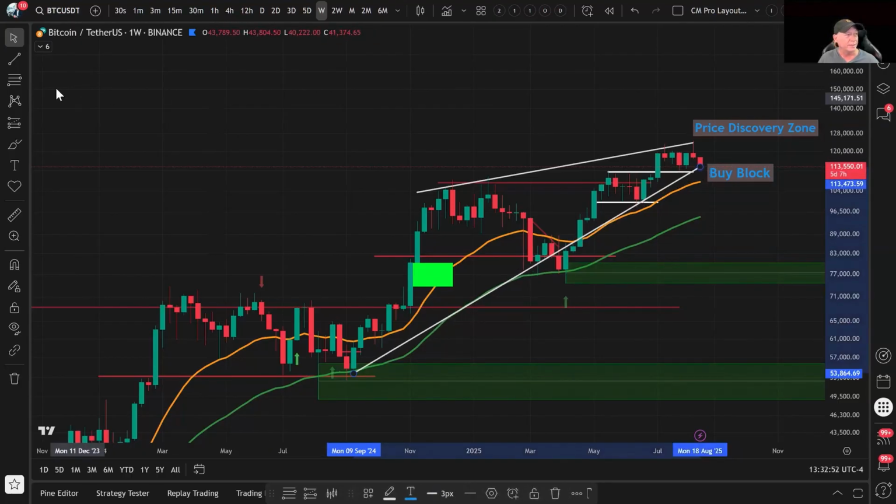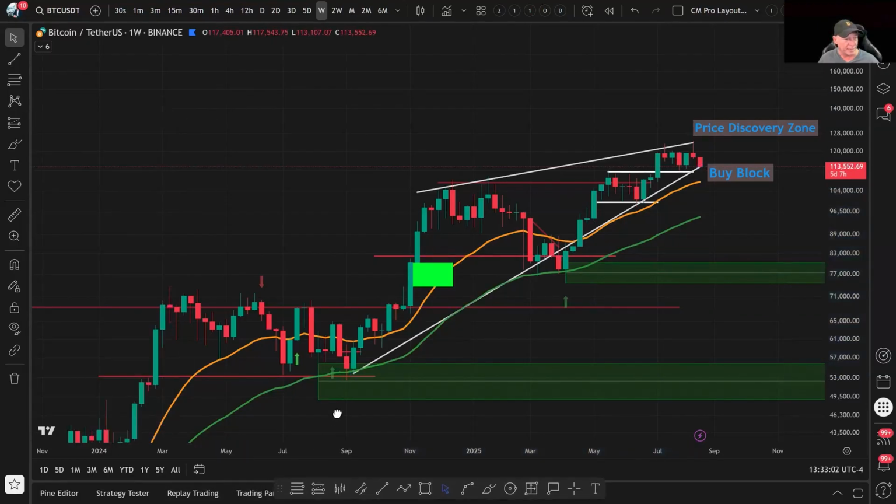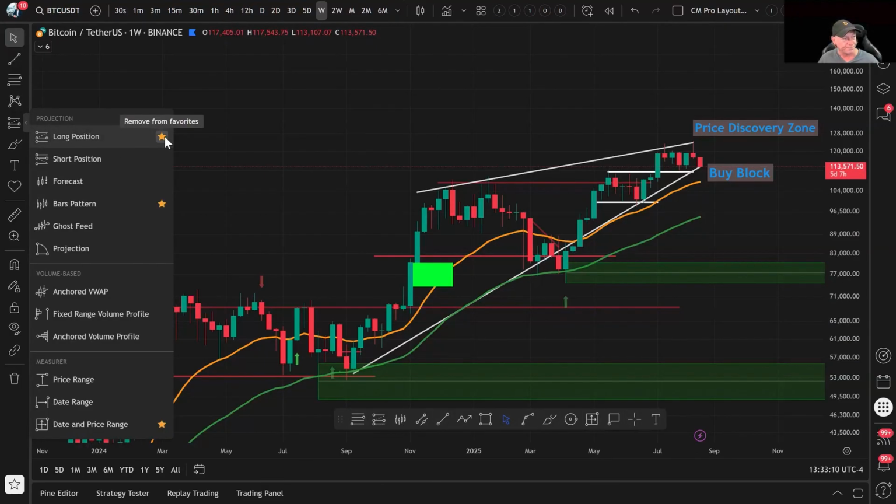It doesn't matter. But the point is not to blow my own horn here, but look, my favorites bar here is full of simple things. By the way, for setting that up, you can Google all this stuff. The indicators I use the most are down at the bottom. How do you get them to show up there? Over on the left, you just put a star next to them, and that's it.